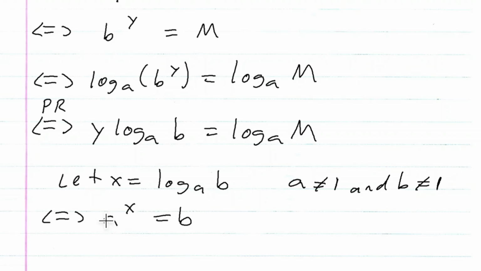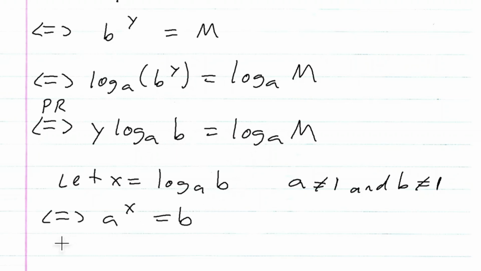Because some power raised to the 0 gives me 1, right? But b can't be 1 because it's a base. So in any situation, this x can never be 0. So if x can't be 0, that means log base a of b can never be 0. And that means I can actually divide both sides of this by log base a of b, right?